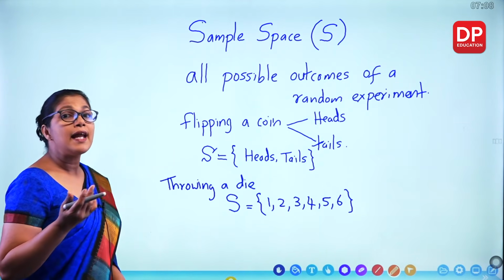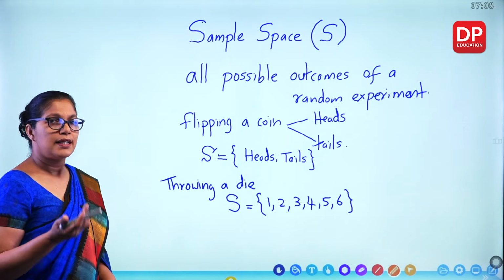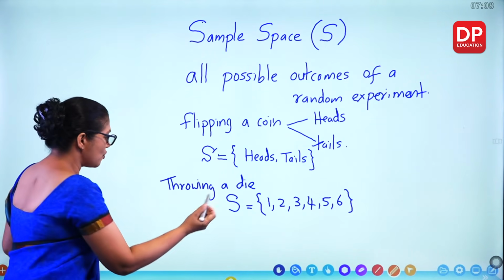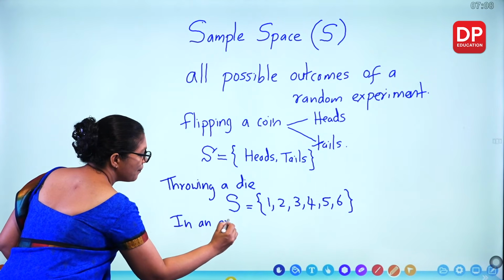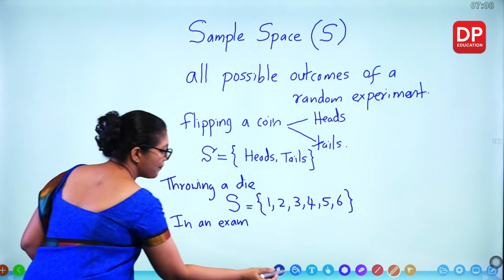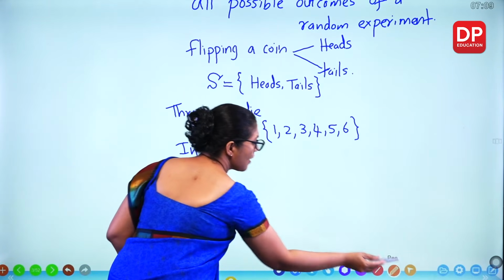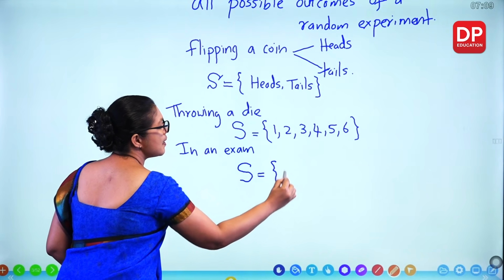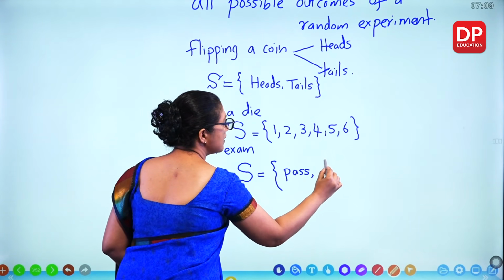And in an exam, what are the possible outcomes? You can pass the exam, you can fail the exam. So what's the sample space? Pass or fail.